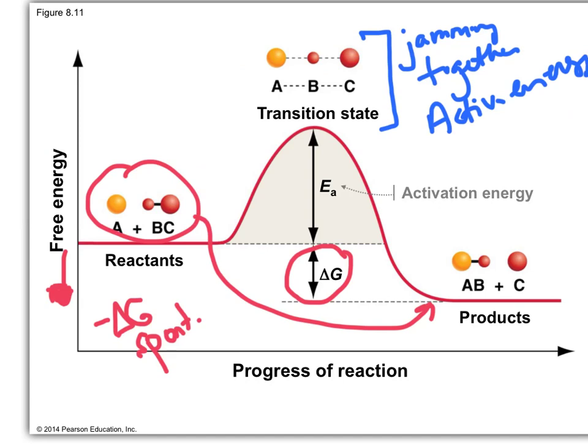It's hard to get yourself up off the couch. Once you get yourself up off the couch, it's not so hard to go do whatever it is you needed to do. But sitting on the couch, you have some inertia. And to overcome that inertia, you have to have some energy. Ultimately, that energy that's input is going to be regained because of the spontaneousness of this reaction.